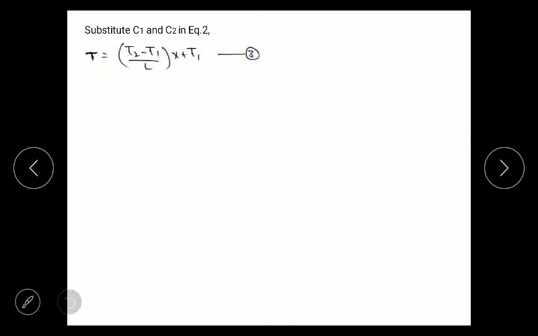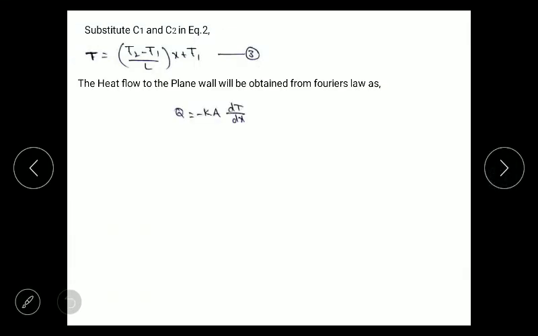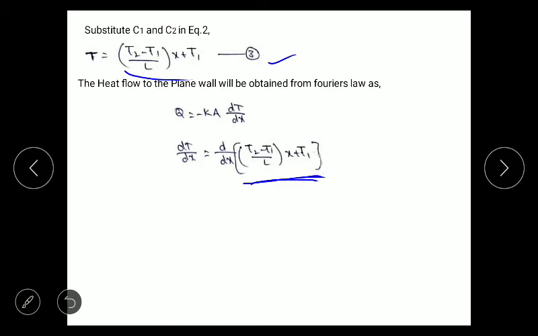Now, from Fourier's law, we know that q is equal to minus kA dT by dx. Now, in the general heat conduction equation, our motto is to obtain this q. Now, q is equal to minus kA dT by dx, where the dT by dx can be written as, in place of T, when we substitute this value, dT by dx equal to d by dx of the T we have obtained from equation 3. Now, differentiate this with respect to x.